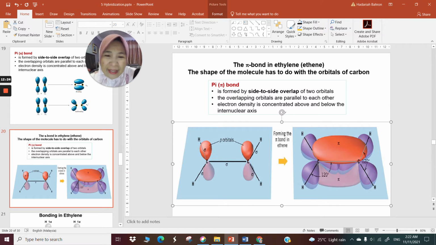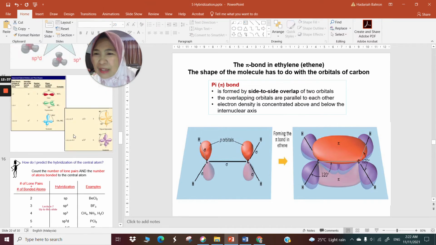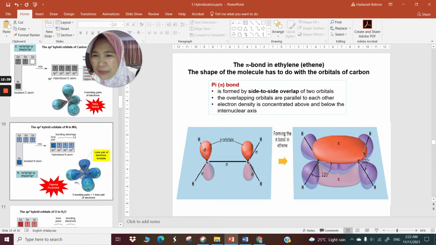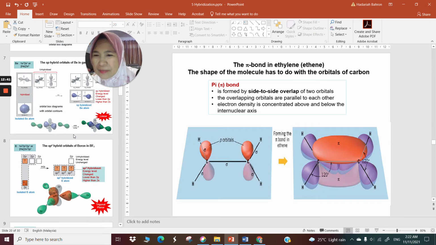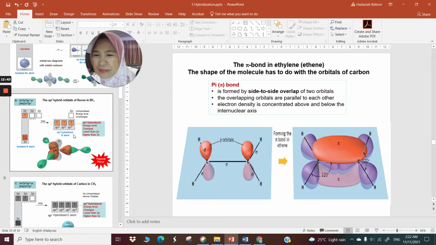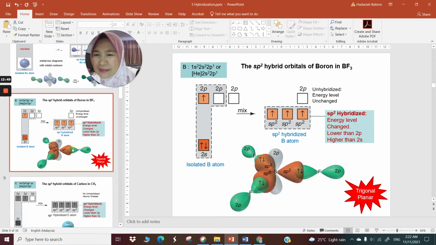However, you remember sp2, you have one unhybridized p orbital. Let me have a look at sp2. Yeah, this one.